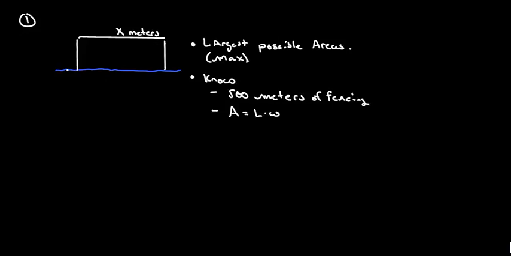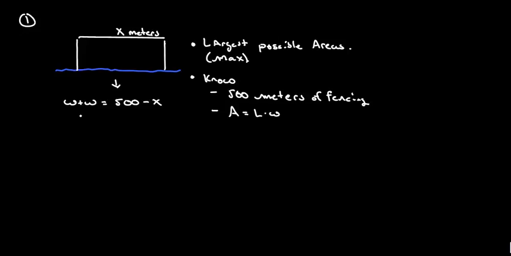Now the question is, how much does the shepherd have left for each of these sides? Well, if the shepherd used X here and has a total of 500, then the amount left for this width and this width, this W and this W, has to be equal to 500 minus the amount that was used for the length, because it's already gone.